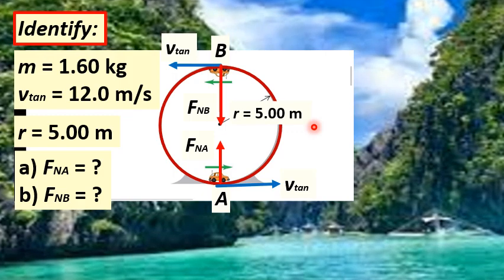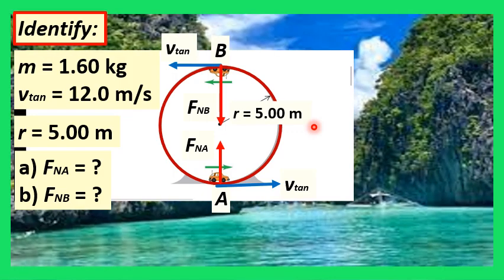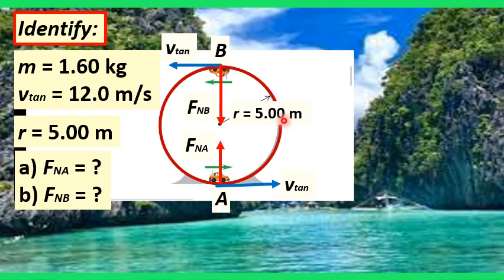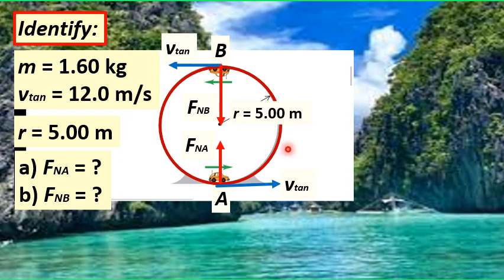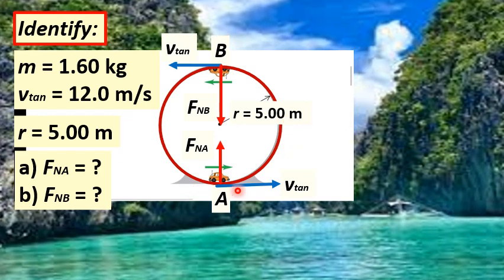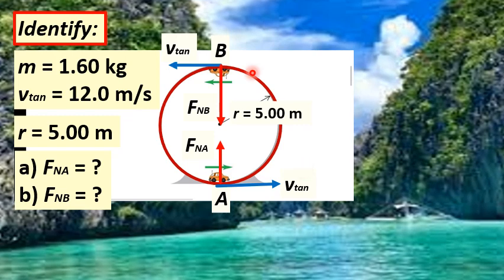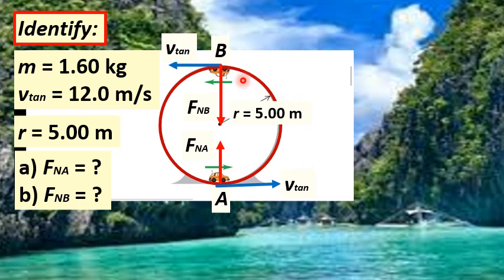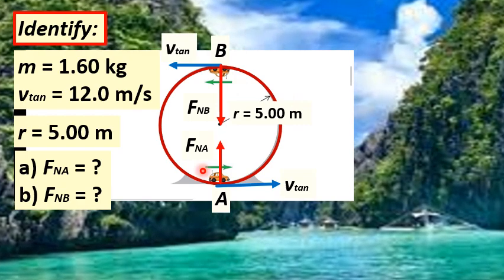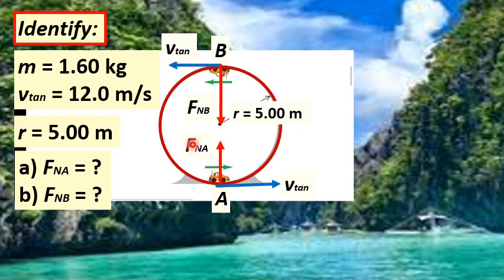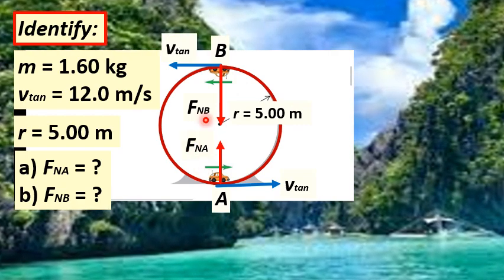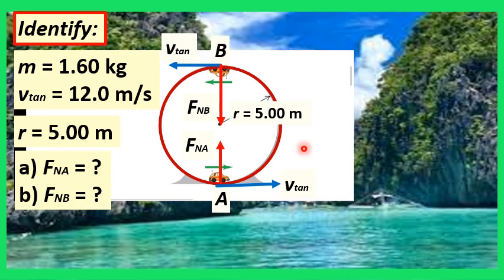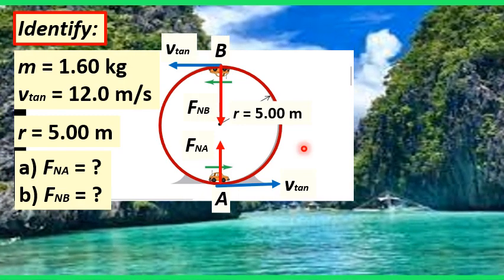So that means at point A, the direction of the weight is opposite to the normal force, while at point B, the weight of the toy car is in the same direction as the normal force F sub NB.